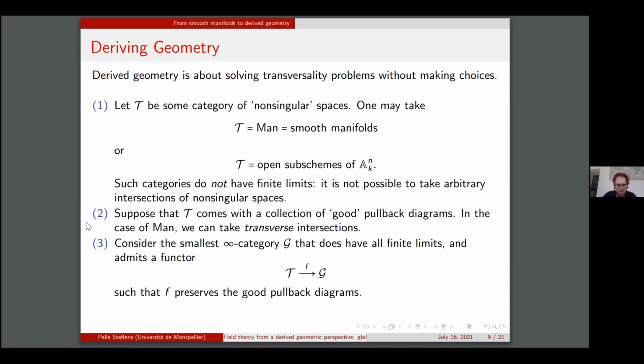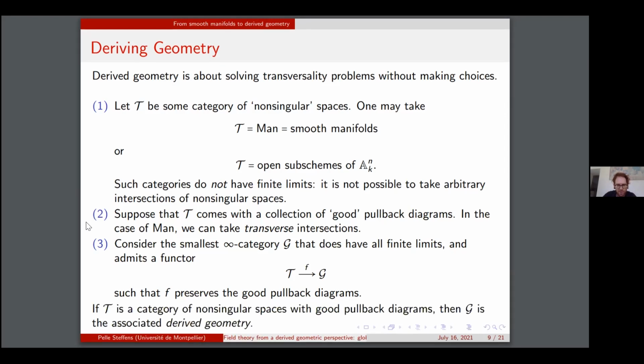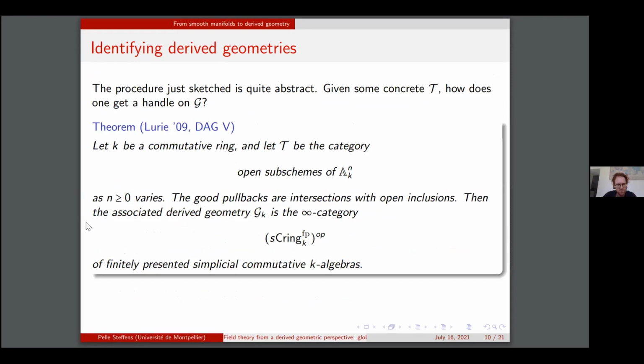And via this procedure, we start with some notion of non-singular space, and we obtain some associated notion of derived geometry. Conceptually, this is very satisfying, very appealing, but it doesn't give you much unless you can actually relate G to something you're familiar with.